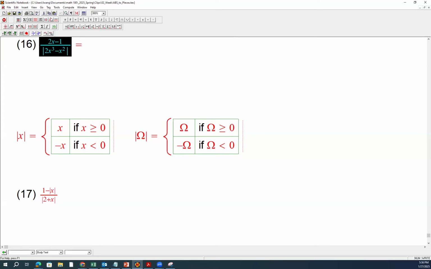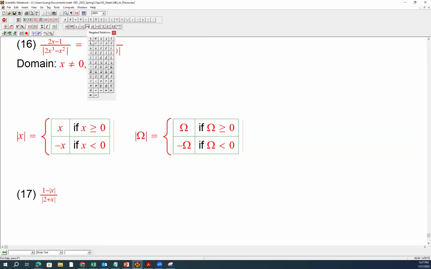So one of the things we can do inside the absolute value is factor out the x squared. If we factor out the x squared, we're going to have x squared multiplied by 2x minus 1. Now we know the domain: x cannot be 0 for sure, and x cannot be 1/2.